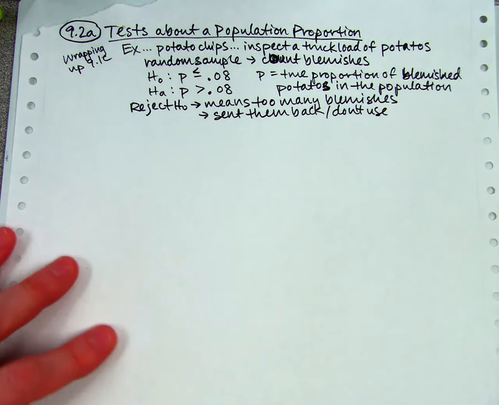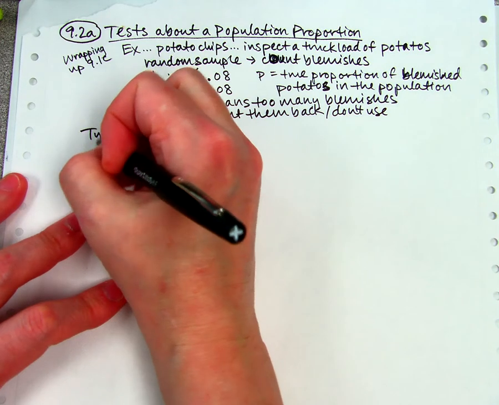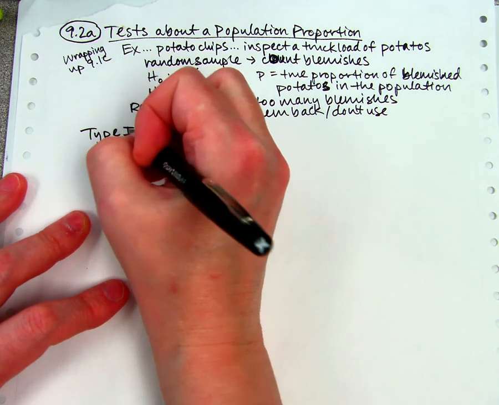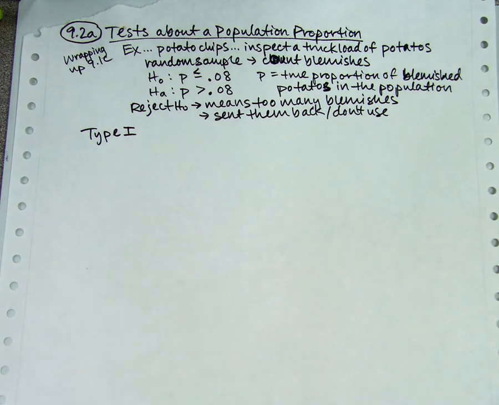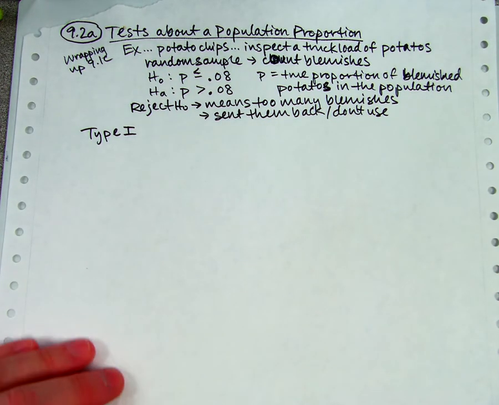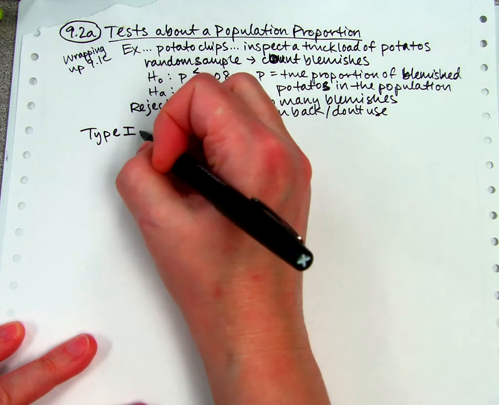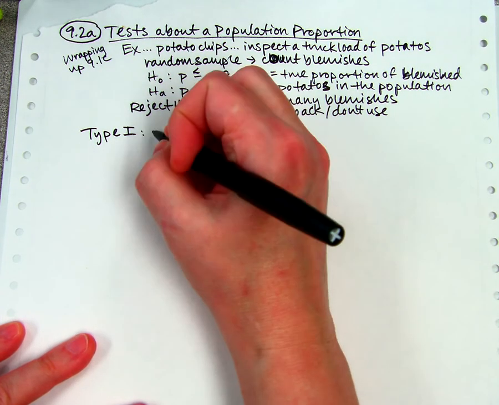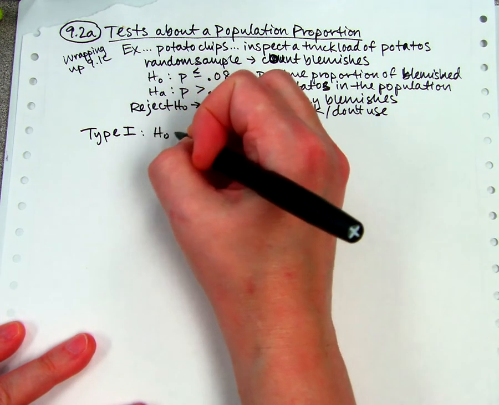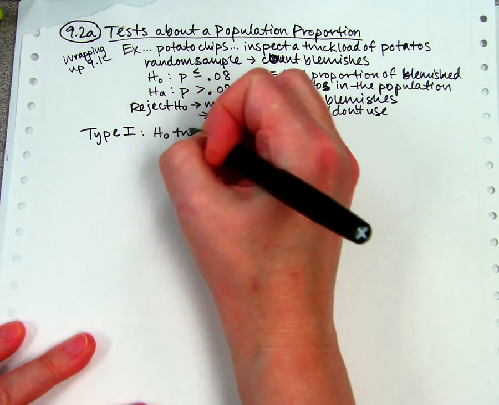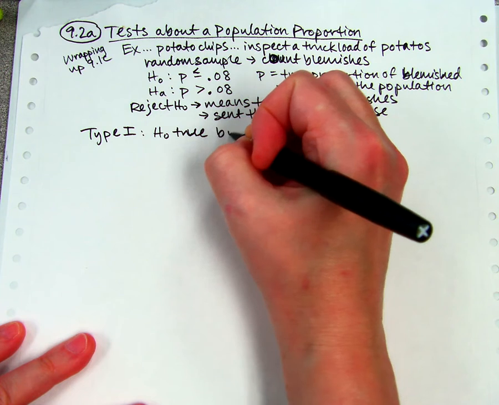All right, type 1. Let's talk about consequences of type 1, or specifically, what does it mean in context, and then what would be the consequence? So type 1, you're going to memorize, if you haven't yet, that this means the null is true, but we reject it.